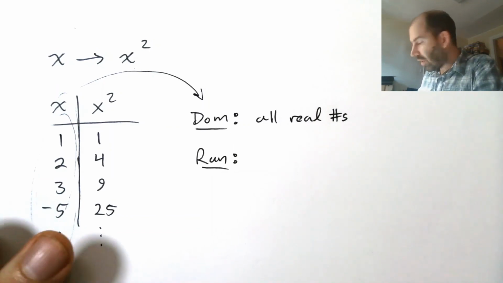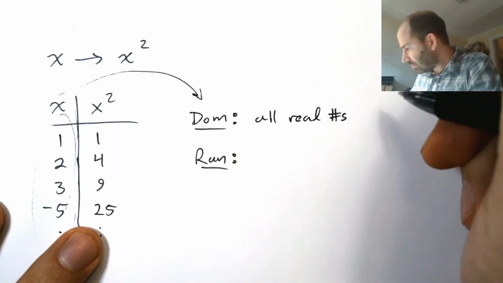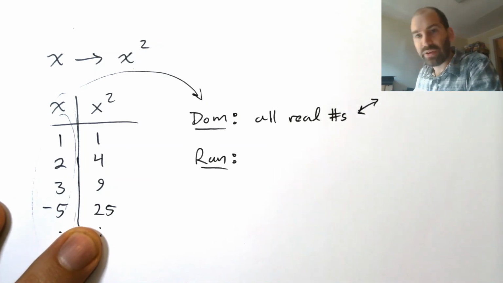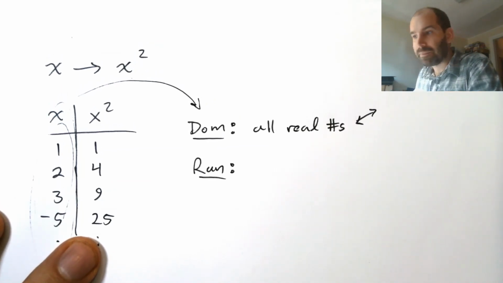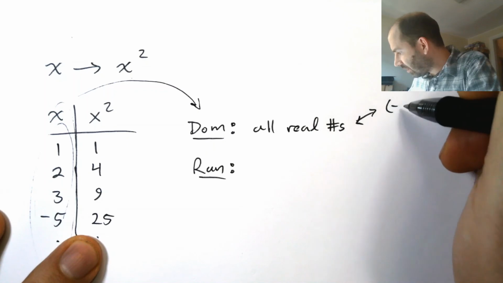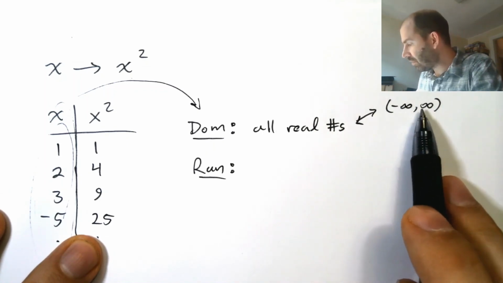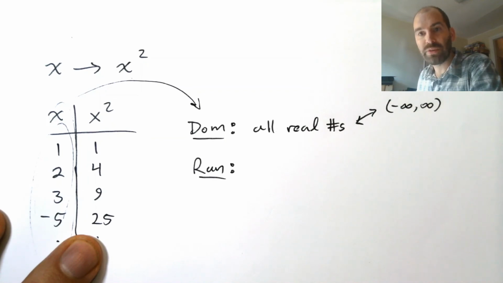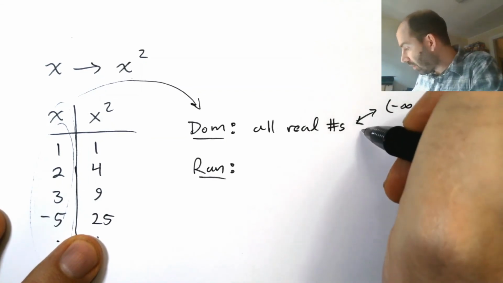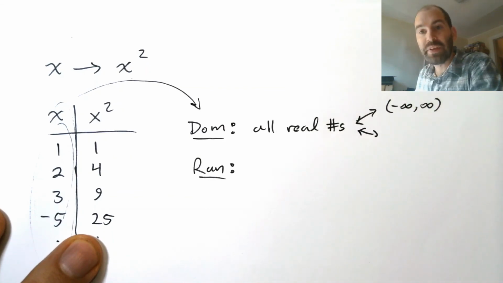Now there's another way to write this. Instead of writing all real numbers, I could use an interval. So that's the interval from negative infinity to infinity. That's all numbers between negative infinity and infinity. That's all real numbers. Another way to write this would be to use what they call set builder notation.